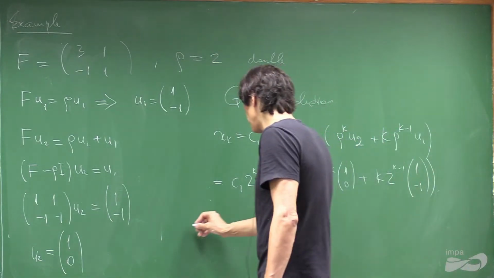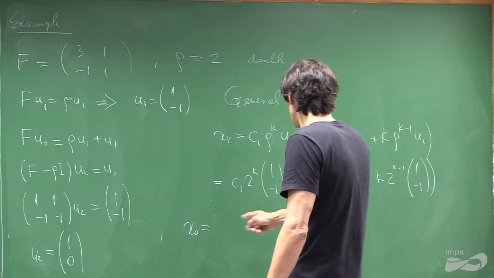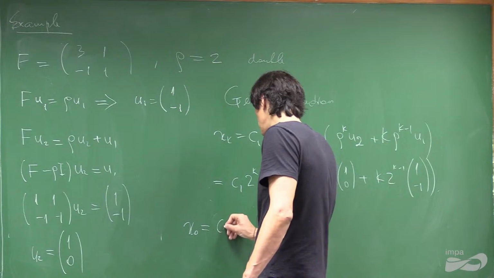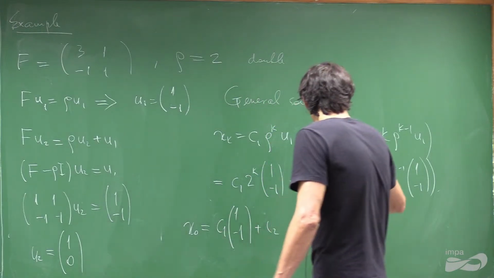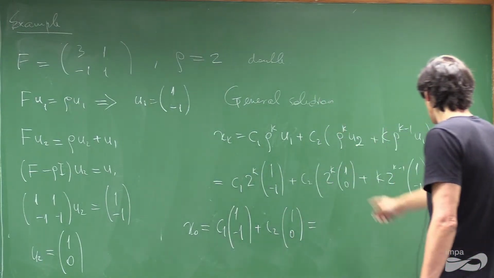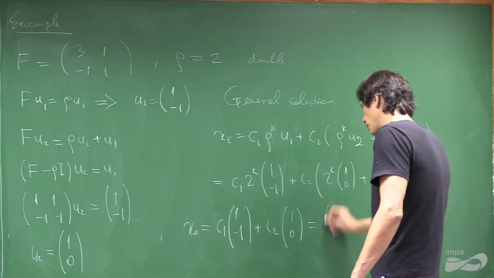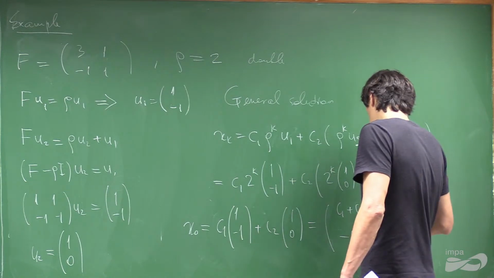And if you want to make sure that it's general, compute initial conditions. The initial condition will give you C1 (1, minus 1) plus C2 (1, 0), since k is 0. And it will be (C1 plus C2, minus C1).